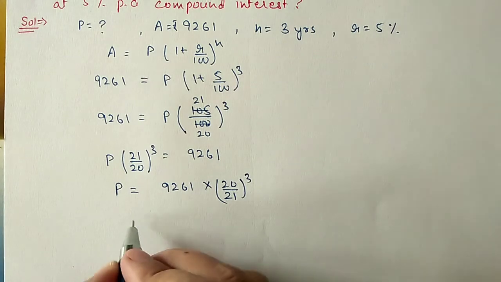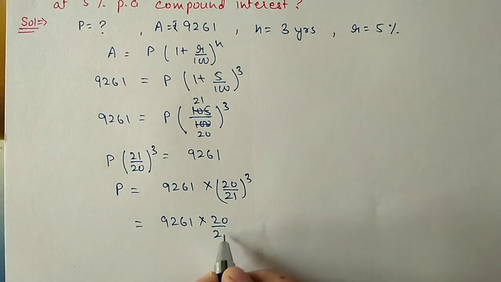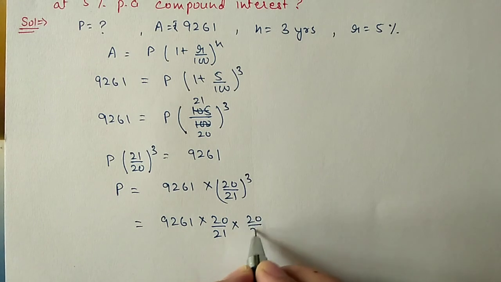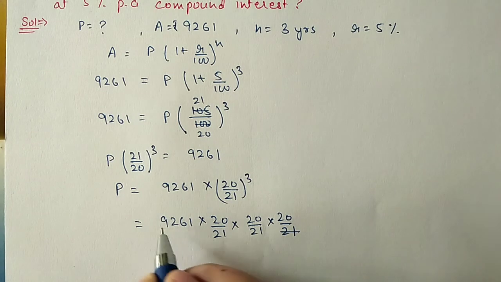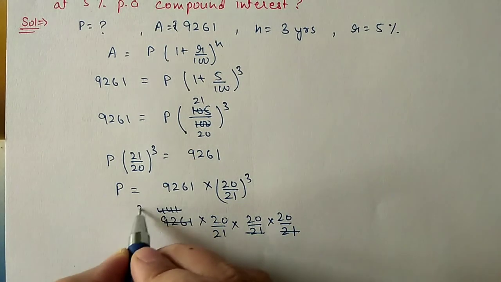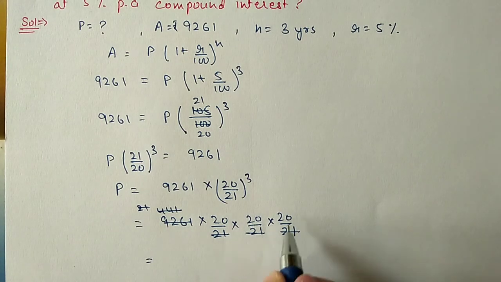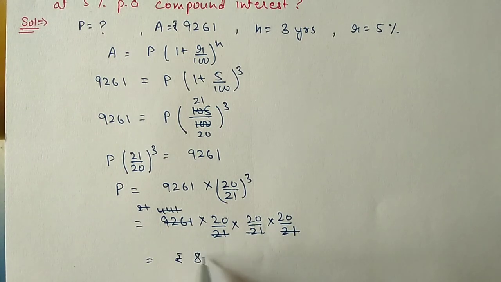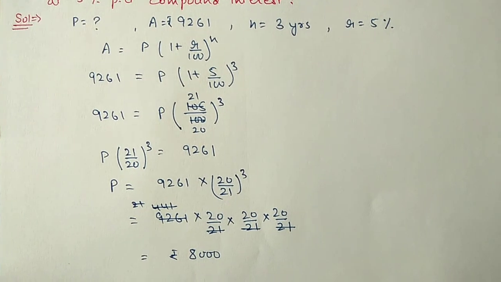We can expand it: 9261 into 20 by 21 into 20 by 21 into 20 by 21. We can cancel out 21 three times. 20 into 20 into 20 will give 8000 rupees. It means the principal was 8000 rupees.